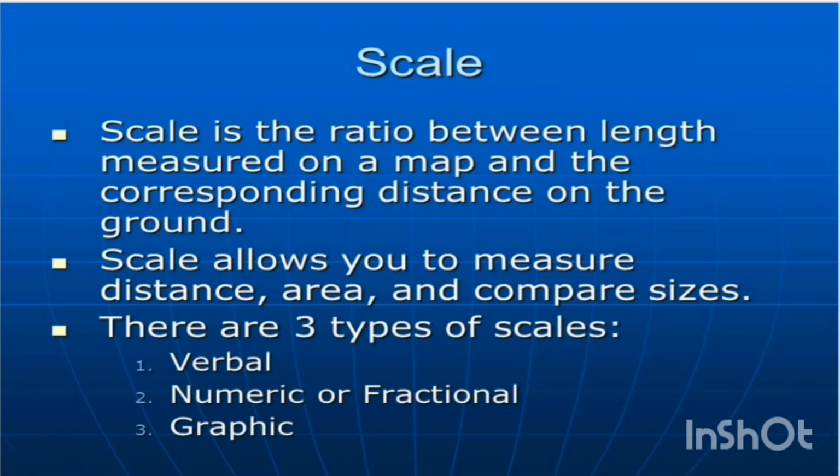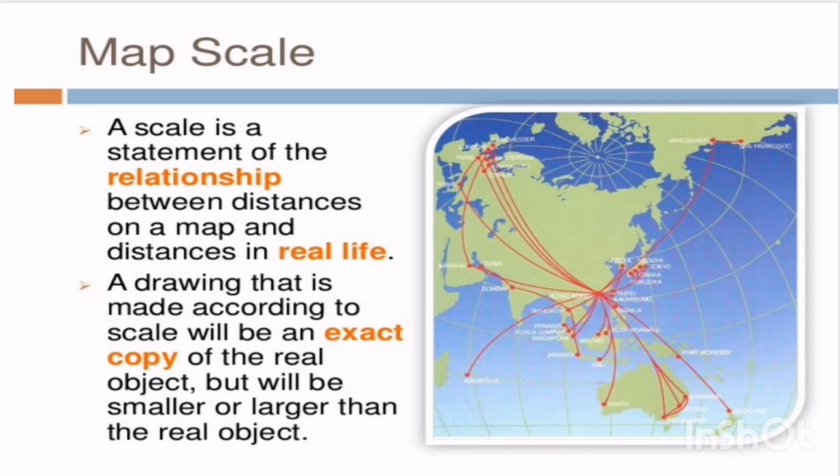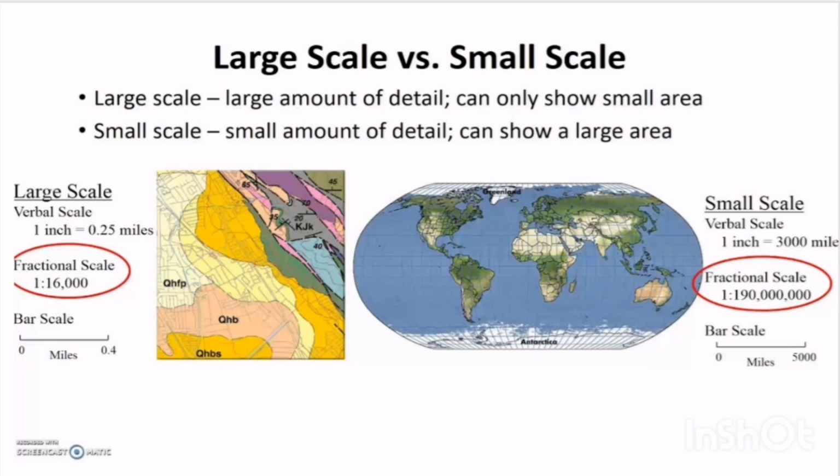Now students, there are large scale maps and also small scale maps. So what are these large scale maps and small scale maps? Large scale maps are those maps which show a smaller area in greater detail.